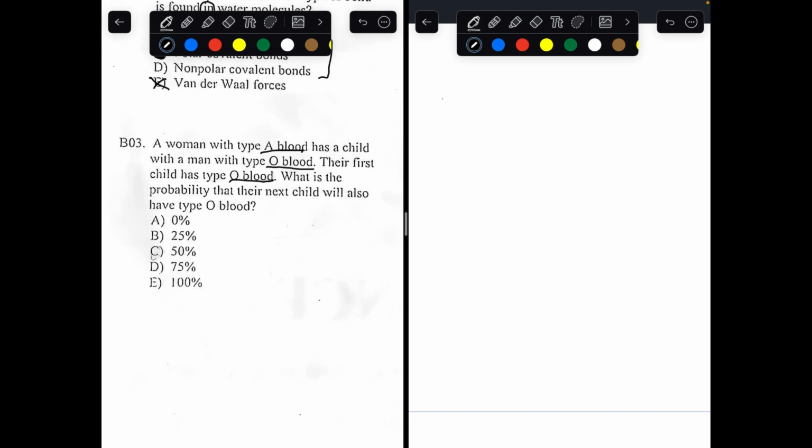So we need to first know what the genotypes of each phenotype or blood type is. If you have the phenotype A, what are the genotypes you'll have? We characterize blood types with the letter capital I and lowercase i. Capital I means that you have either an A or a B. So in this case, we would have a capital I with the letter A, and we have 2 cases.